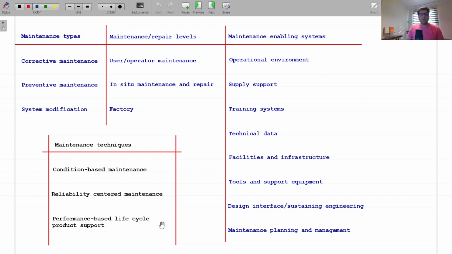Performance based lifecycle product support is a strategy for cost effective system support, rather than contracting for maintenance, goods, and services needed to sustain operations. The customer and the service providers agree on the delivery of performance outcomes defined by performance metrics for a system or product.